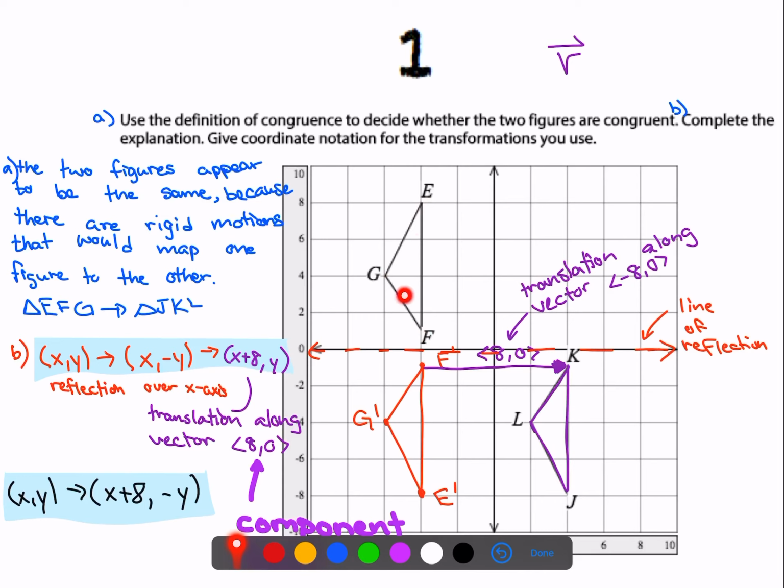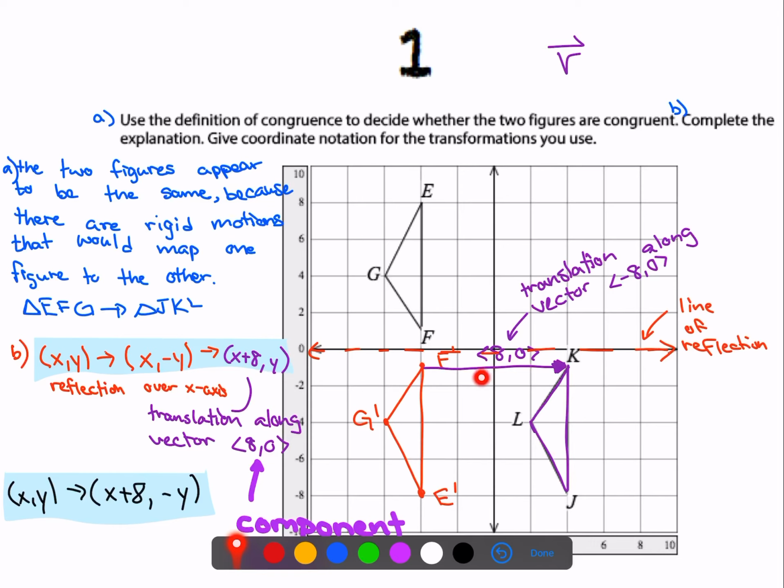To do that, the first thing I did is I did a reflection over the x-axis, which brought my original pre-image down to quadrant 3. From here, they now have the same orientation, so I can just go ahead and translate my figure over along the vector 8, 0.